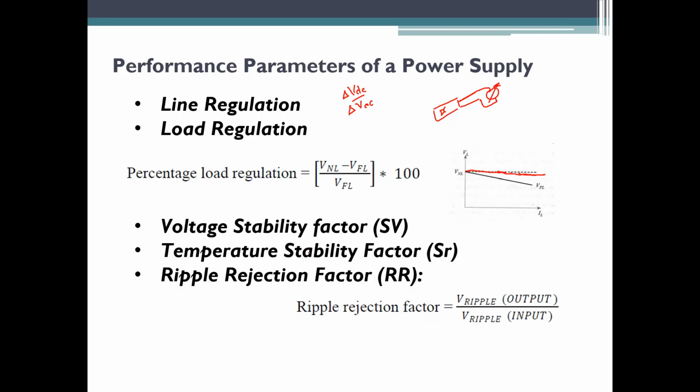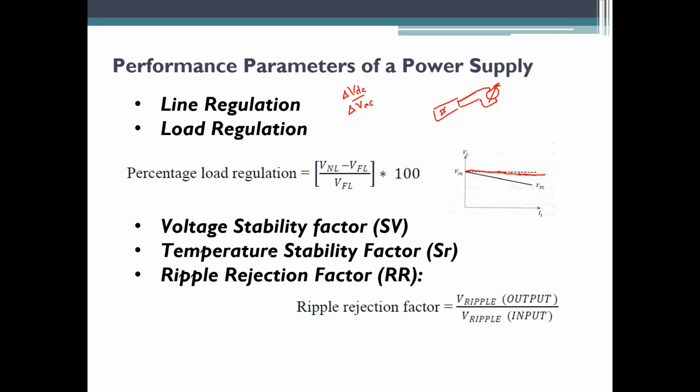As the temperature varies, I need to check the change in the output voltage. I always expect my output voltage to vary to the minimum. For that you have to make sure the temperature of the semiconductor devices does not vary, so you need to take devices having very low temperature coefficients. Those low temperature coefficients will make sure the temperature stability factor is low, somewhere close to 0.